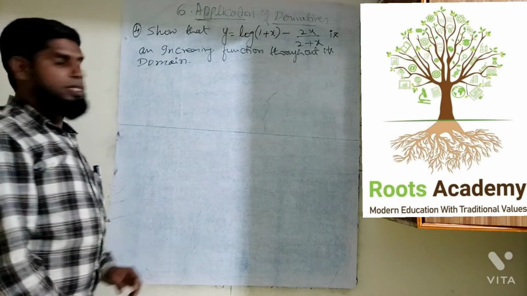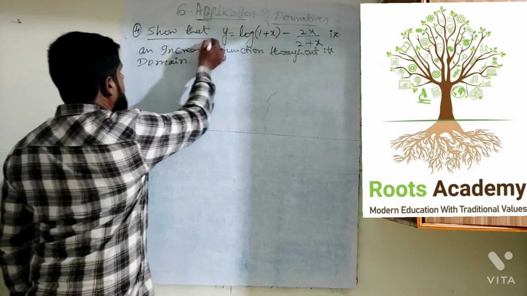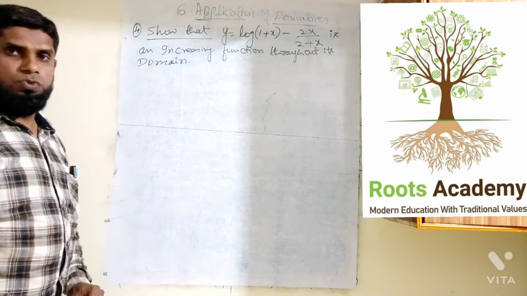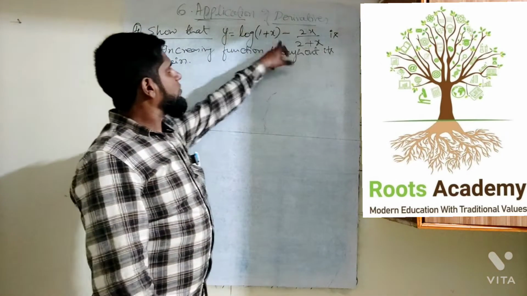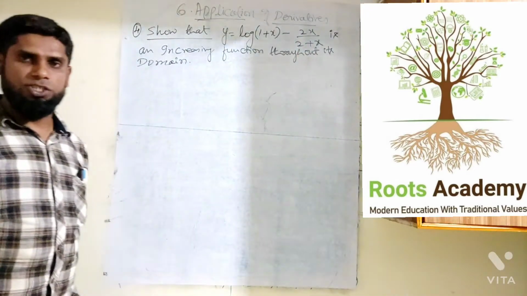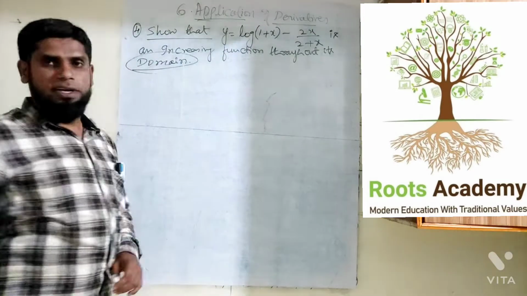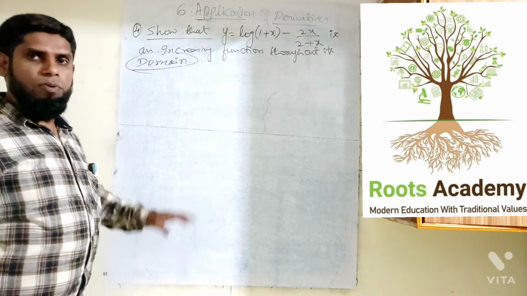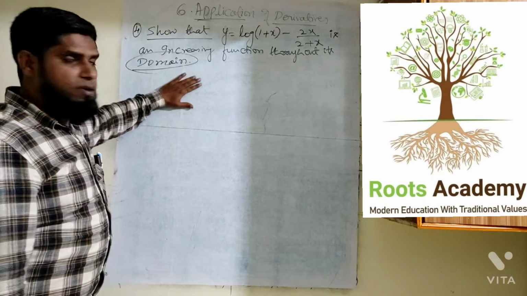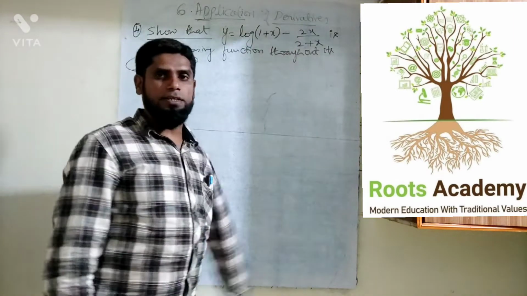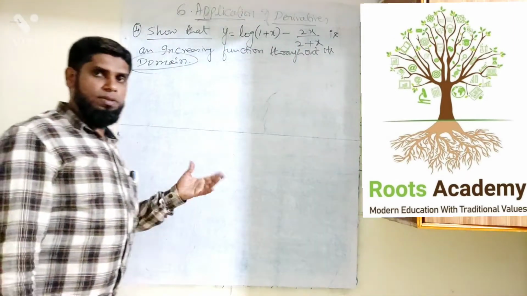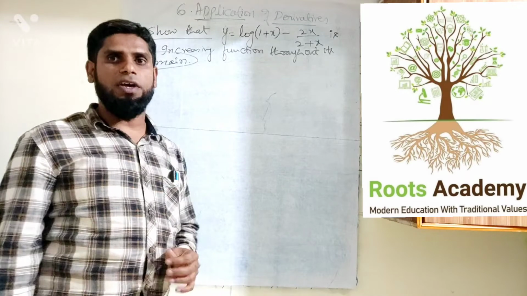So student, in this problem, he is asking us to prove that this function is an increasing function throughout its domain. Whatever its domain is there, for all those points or for all those intervals, the function is increasing. How can we prove that any function is an increasing function?